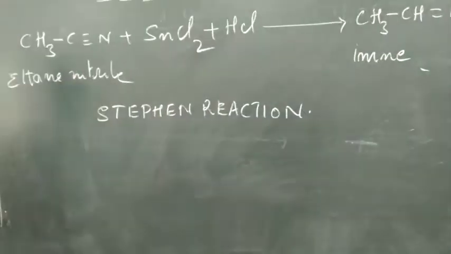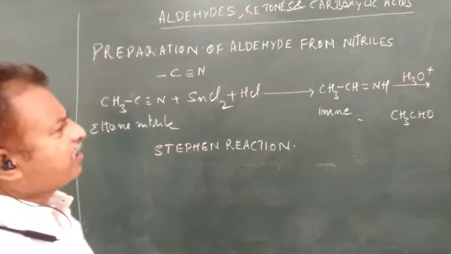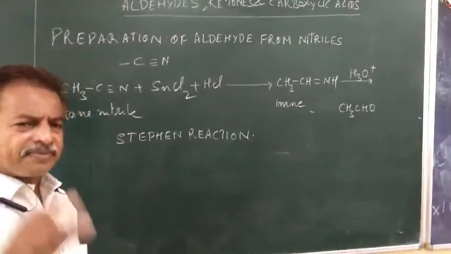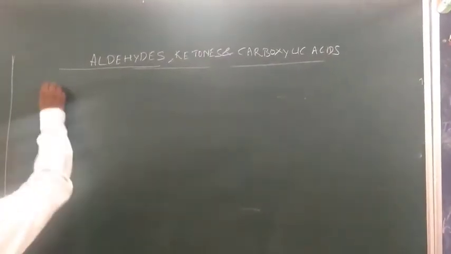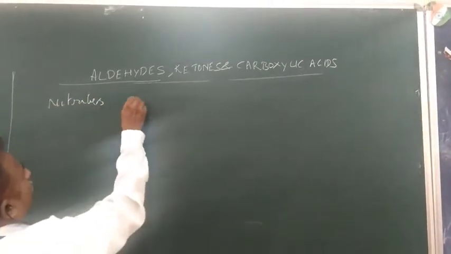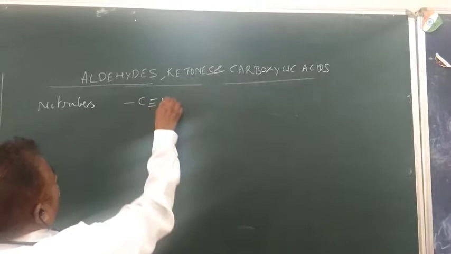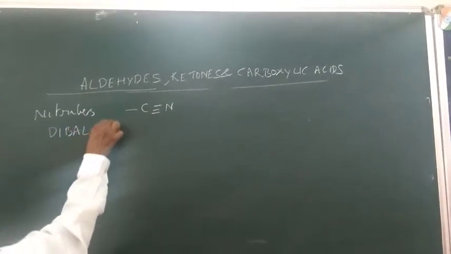This reaction is known as Stephen reaction, and this reaction is meant for the preparation of aldehydes from nitriles. Nitriles, the group C triple bond N, are treated with DIBAL-H.